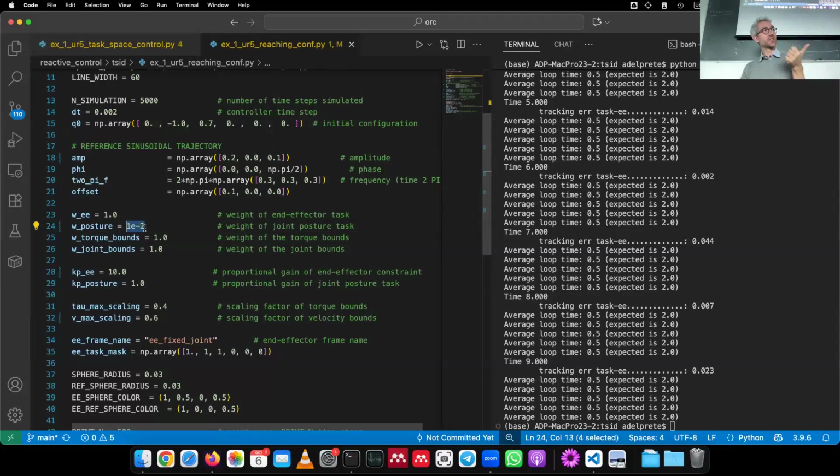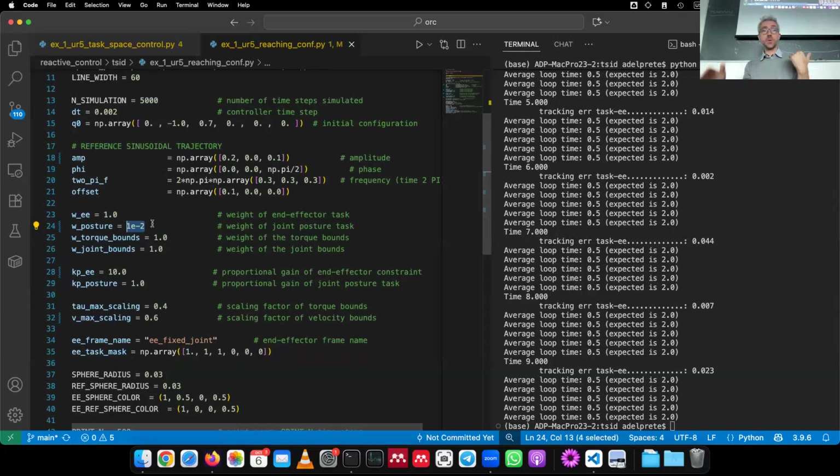So when you take the pseudo-inverse, you can either take a standard pseudo-inverse, but almost nobody does that, or you can damp it numerically. So you can add some regularization to this pseudo-inversion.